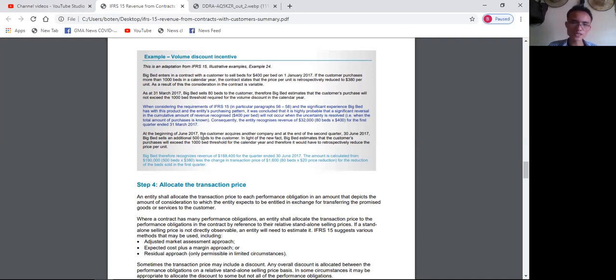That's going to be 160. That's going to be the amount for that 80 beds, good for the 2 quarters. And then plus the 500, up to June 30, 2017.